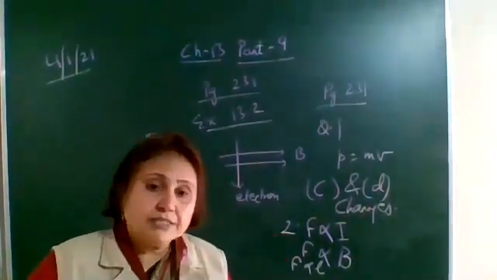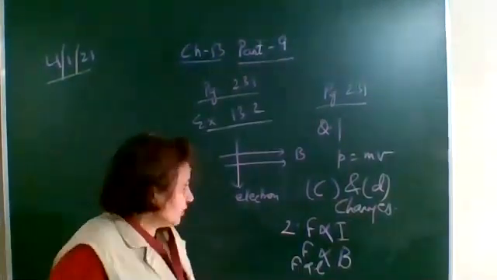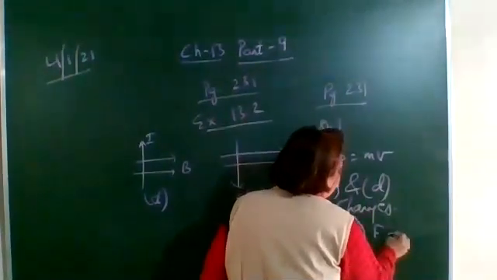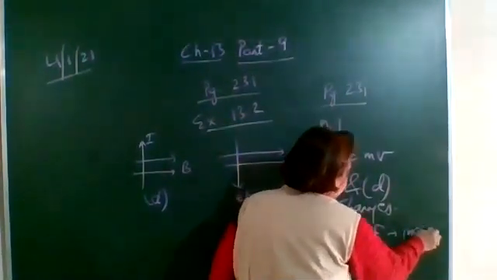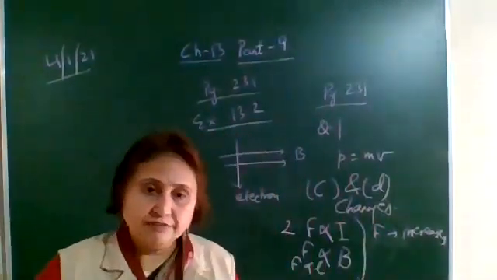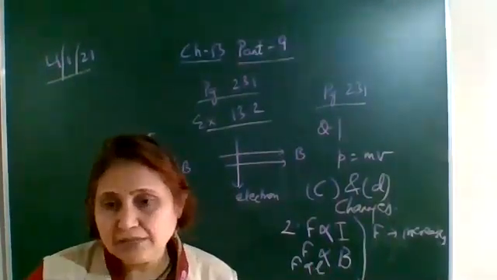That is, the displacement in the rod increases. Why? Because the force is directly proportional to the current, to the magnetic field, and to the length of the rod.